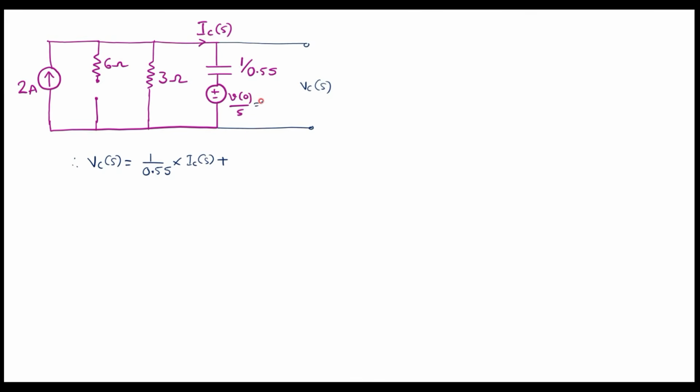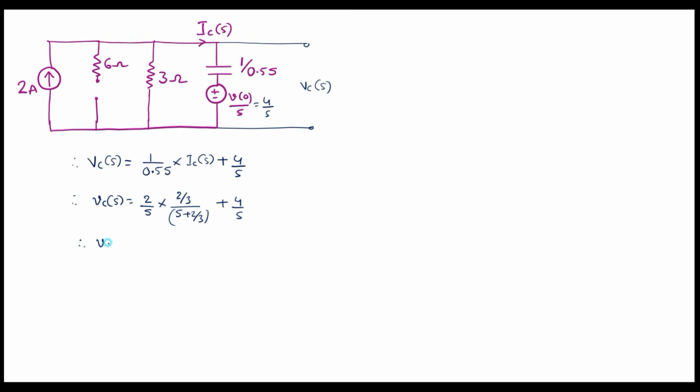Here V of 0 is nothing but 4 by s. Therefore, VC of s is equal to 1 upon 0.5, which is 2 by s, into IC of s, which is 2 by 3 divided by s plus 2 by 3, which we have already calculated, plus 4 by s.